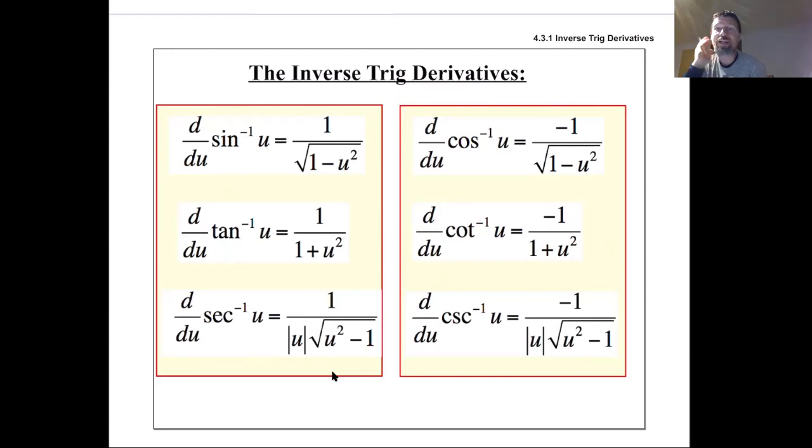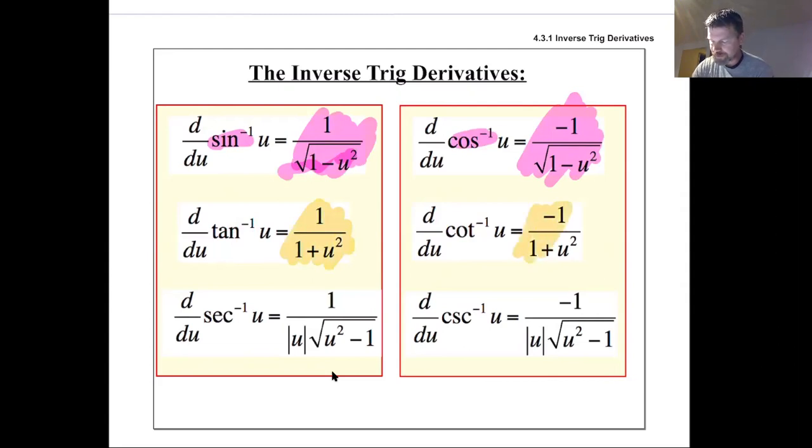Definitely memorize them. Again, there is a nice correlation with sine inverse and cosine inverse, tangent inverse and cotangent inverse. If you take a look at those, sine inverse is all of this stuff. The derivative of cosine inverse is the exact same thing, except negative. The derivative of tangent inverse is 1 over 1 plus u squared.